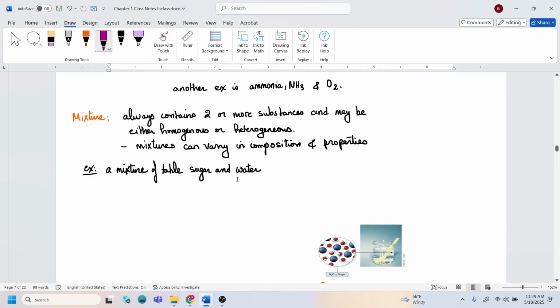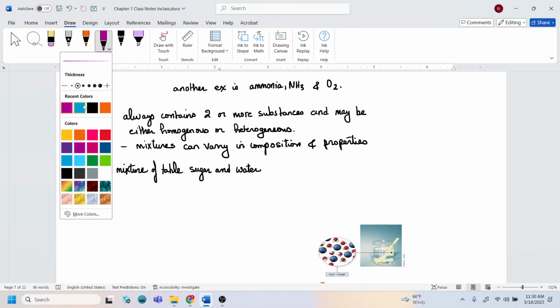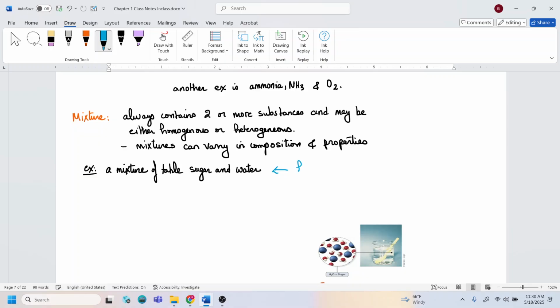Take a beaker or a cup, put some sugar in it, add some water, and dissolve. All the sugar will dissolve in water, right? So you're not going to have anything that simply precipitates. Since you're forming a homogeneous solution, we're going to call this a homogeneous mixture.